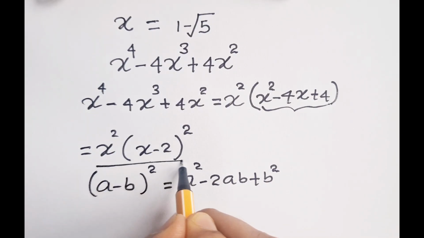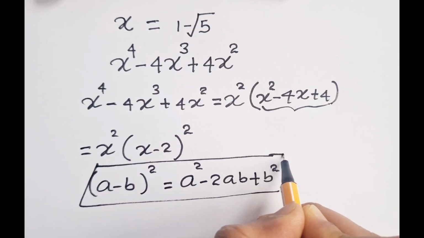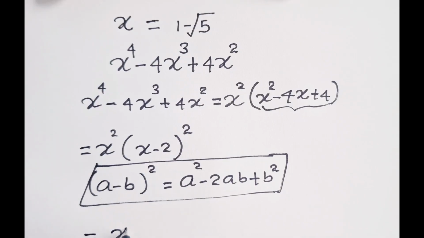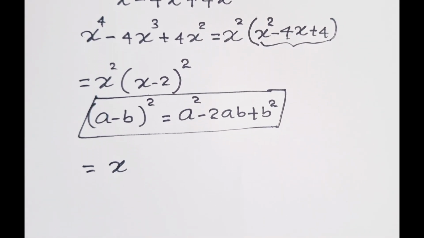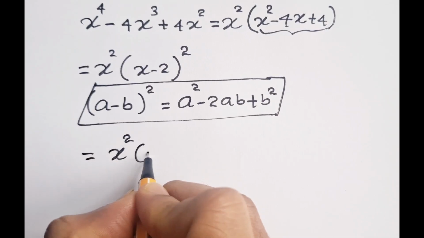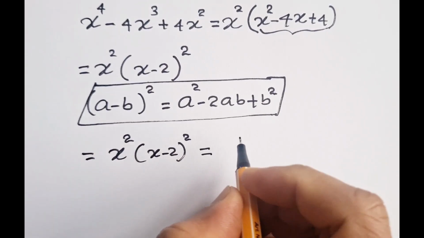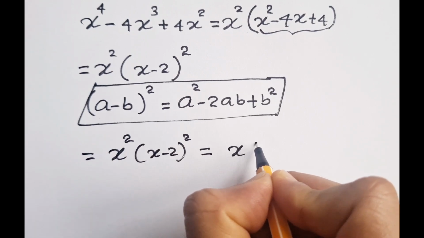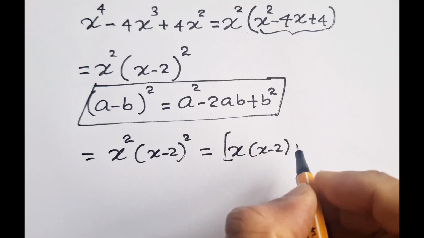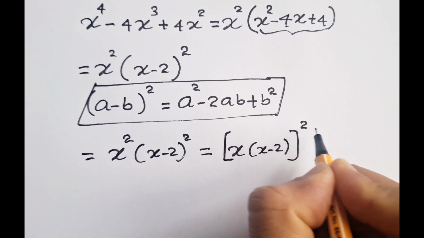So we apply the same theory here. Now x square times (x minus 2) square. We can rewrite this also as (x times (x minus 2)) to the power 2.